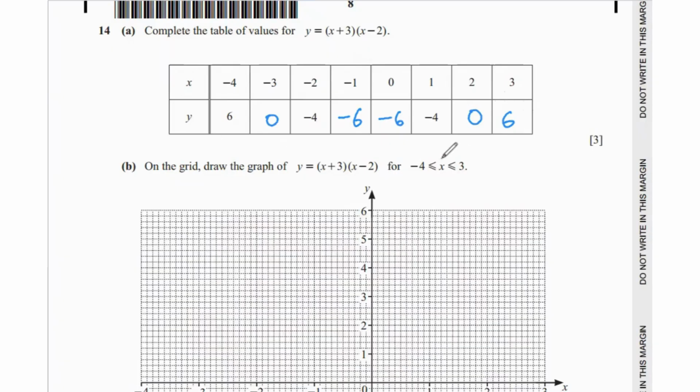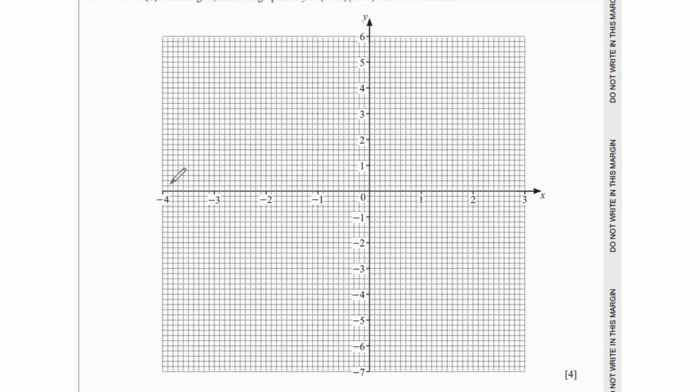So now we have to plot these points on the grid below. So negative 4 and 6 is going to come over here. Negative 3, 0 is here. Negative 2, negative 4 is going to come over here. Negative 1 and negative 6 is going to be over here.